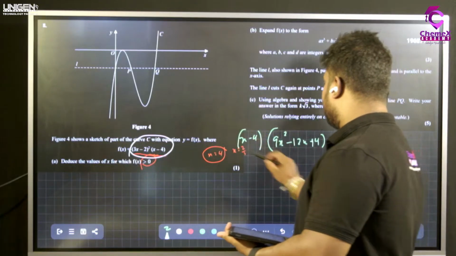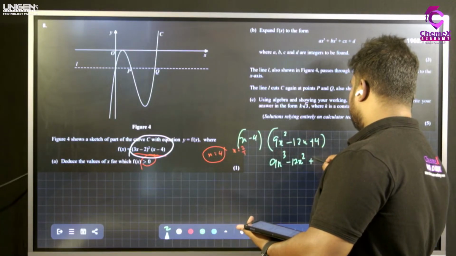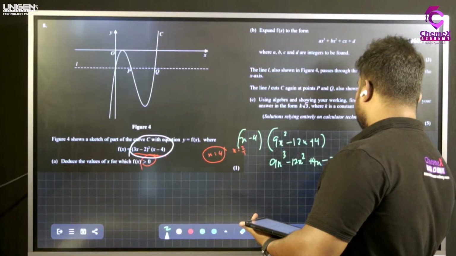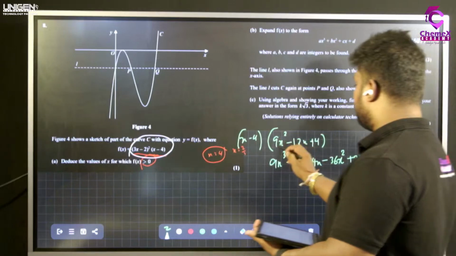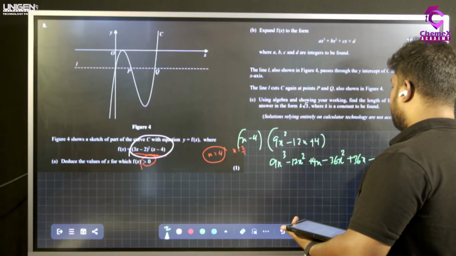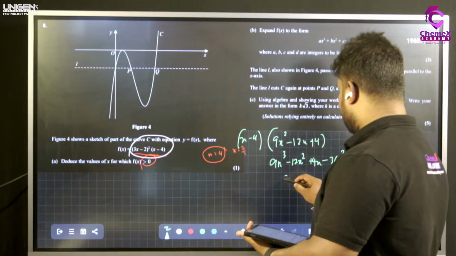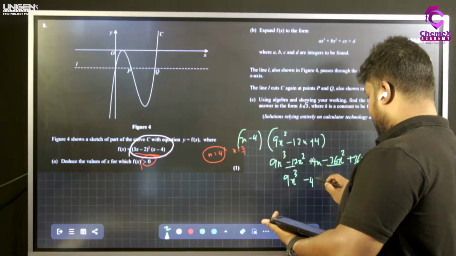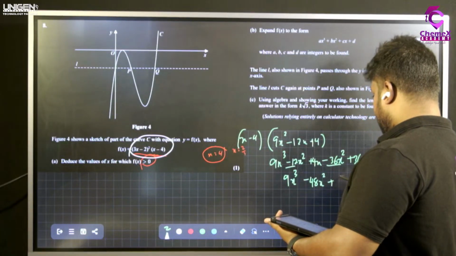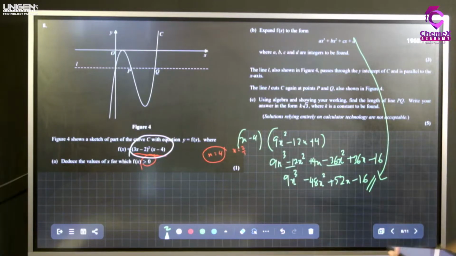What do you get there? 9x to the power 3 minus 12x squared plus 4x minus 36x squared plus 36x minus 16. So 9x to the power 3 minus 48x squared plus 52x minus 16. So it's in the same format as what they asked. Just expand and simplify.